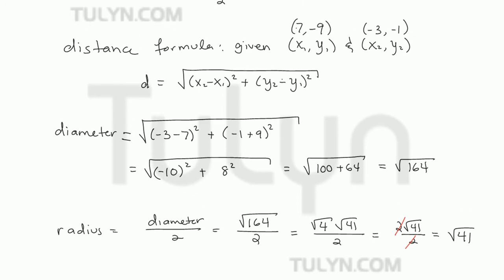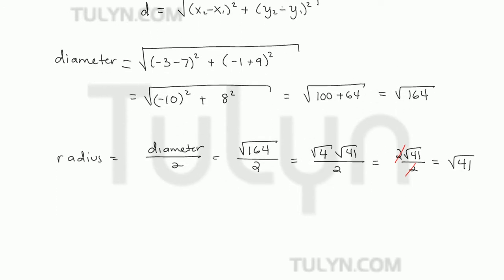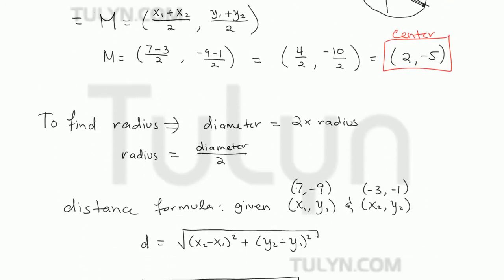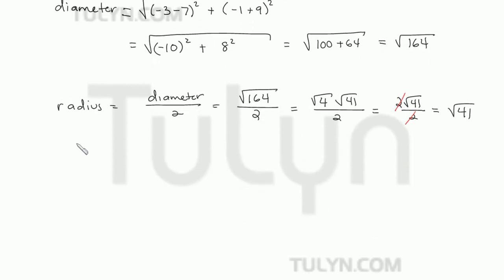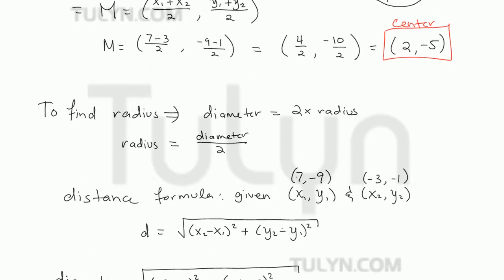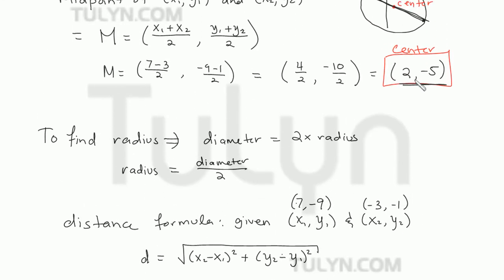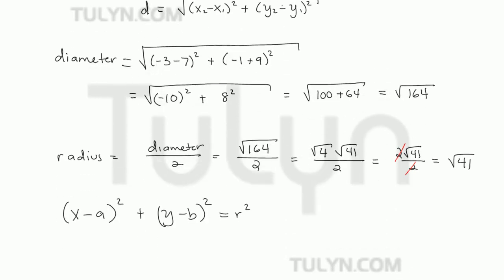So now we have our center and we have our radius. The last thing to do is just to plug it into the formula, right? The formula is (x - a)^2 + (y - b)^2 = r^2. What were our a and b? When we go back up here, the center is (2, -5).